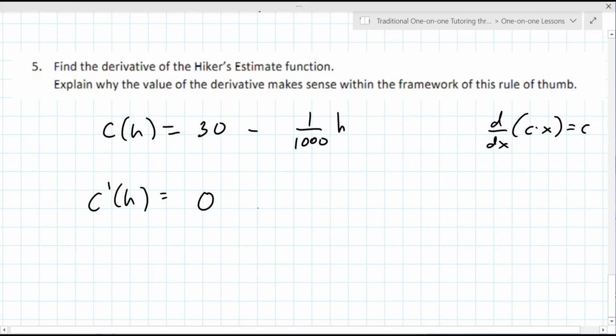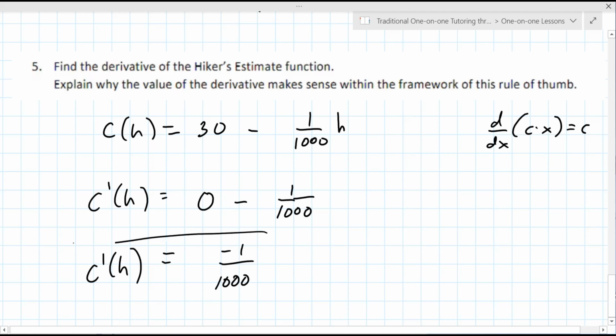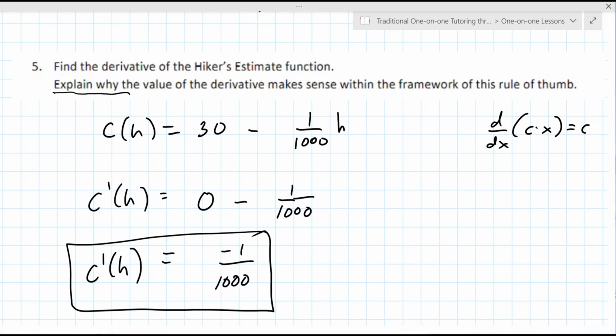So the derivative of this is just the constant, minus 1 over 1000, like that. Now we have to explain. We'll do that in a moment. Let me know when you get caught up here. Okay. I'm caught up.